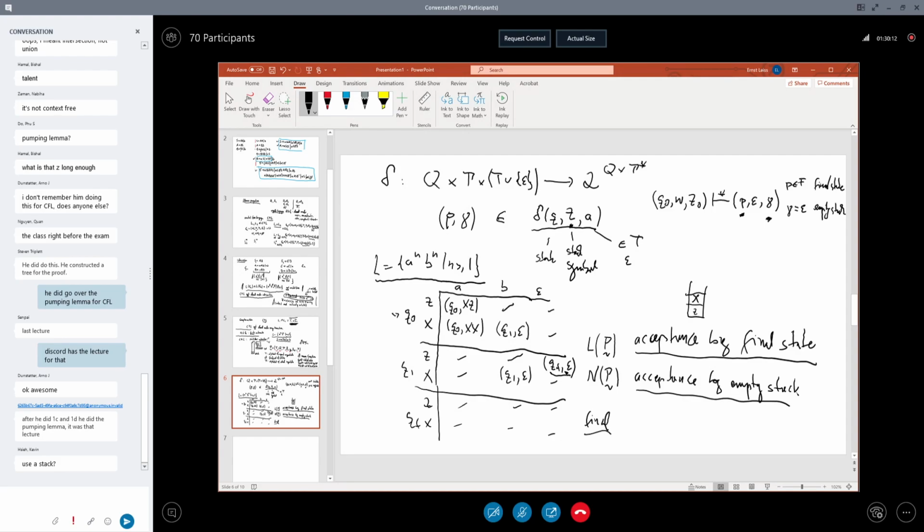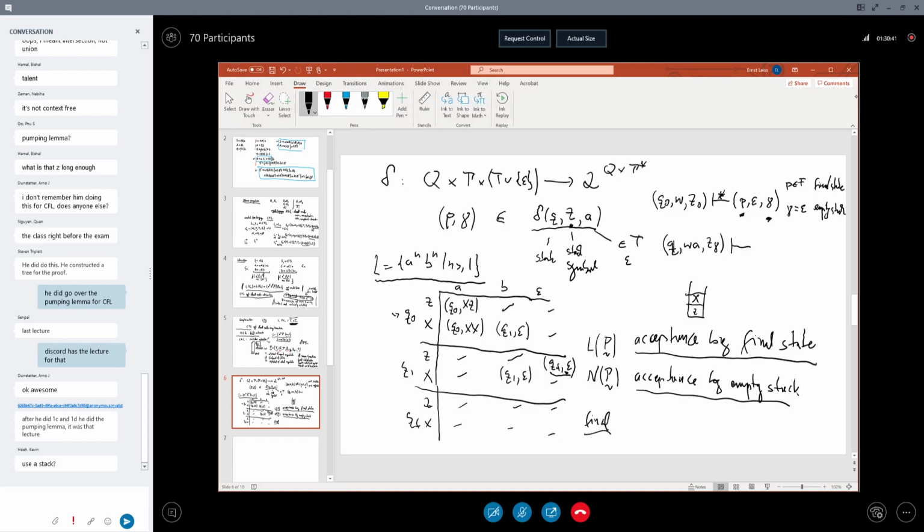I am running out of time, but basically, if I have a state Q and WA and Z gamma, this is basically a configuration, and I will make one move. This is 0 or more moves.